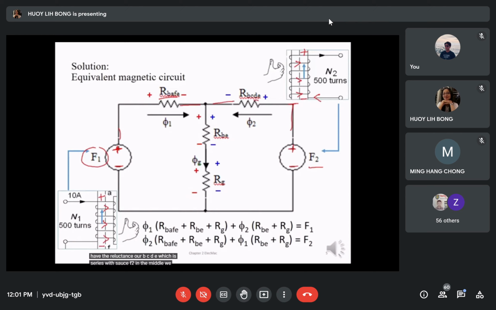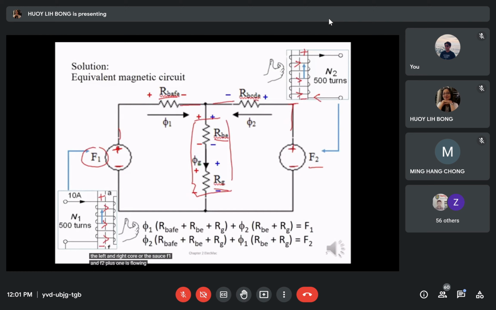In the middle, we have the center core RBE in series with the air gap reluctance. And it is parallel to the left and right core, or the sources F1 and F2.